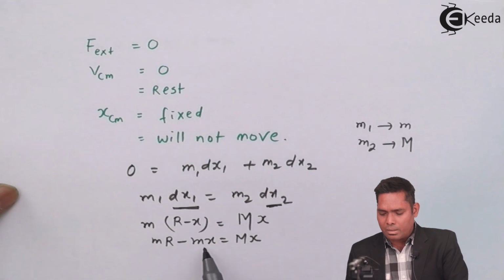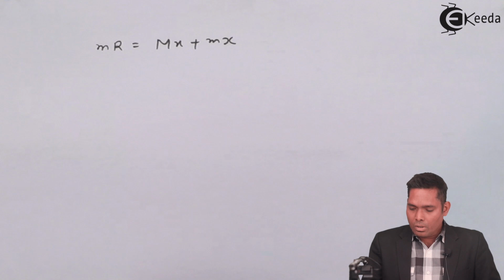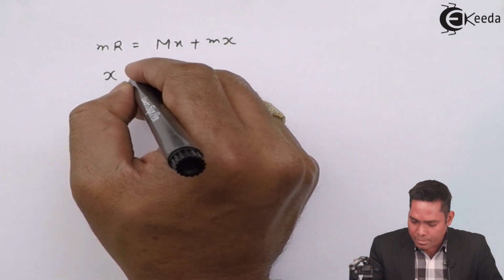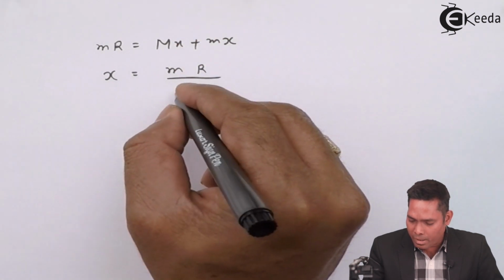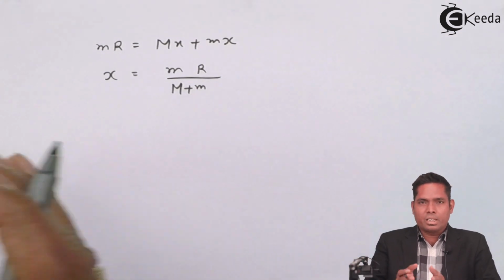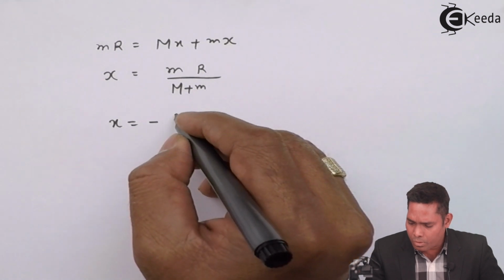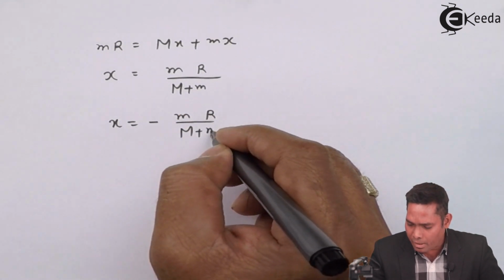This is brought to the right side of the equation. From here, if I find x, x becomes mr divided by M plus m. Because it is shifting towards left, I'll write x is minus mr divided by M plus m.